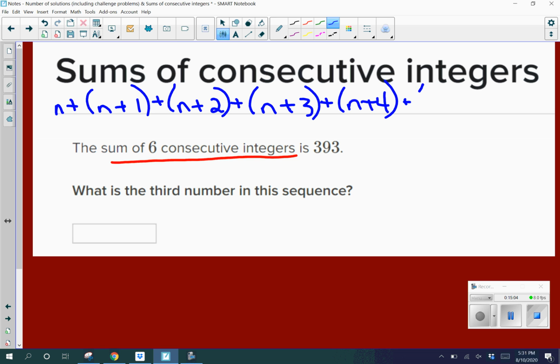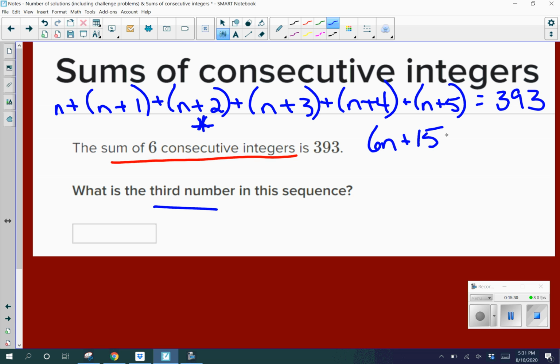Plus n plus 5. Those are my 6 integers, equals 393. We're looking for the third number in the sequence, which would be n plus 2. Okay, so I've got 6n plus 1 and 2 is 3, 3 and 3 is 6, 10 plus 5 is 15, equals 393.